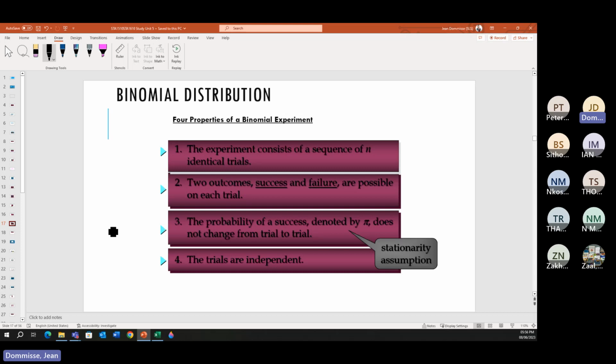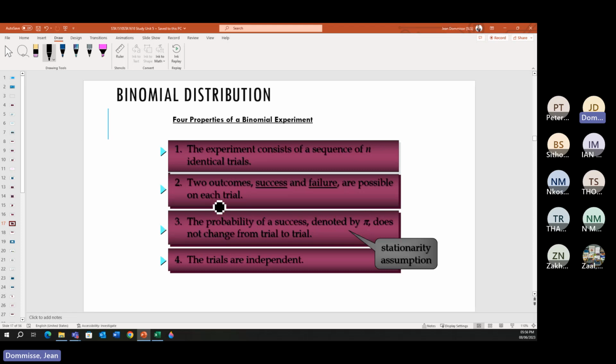Then just to look at binomial. So the binomial distribution, when I look at that, we look at the nearly 4 properties within the binomial distribution. So the one thing I think is probably number 2 is more important than number 1.